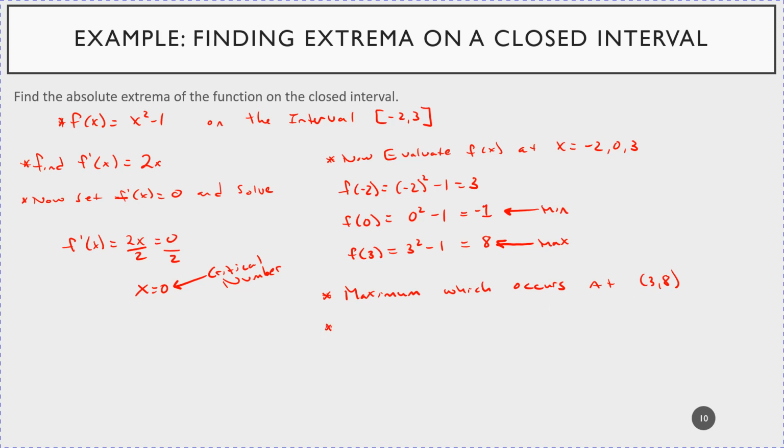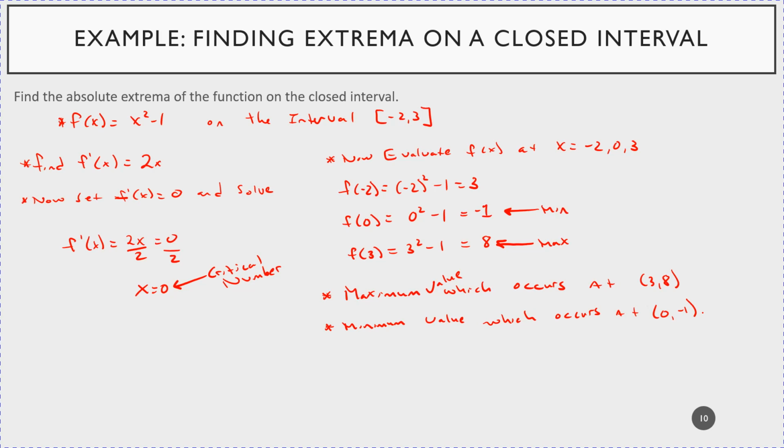And then we have a minimum value which occurs at this point here, 0, -1, which is exactly what we found when we looked at the graph.